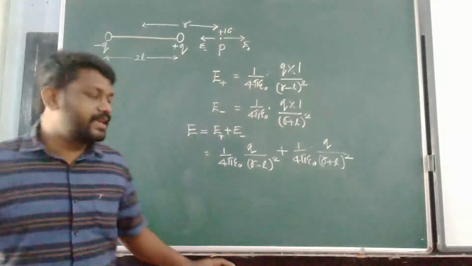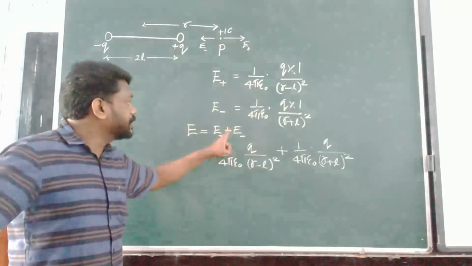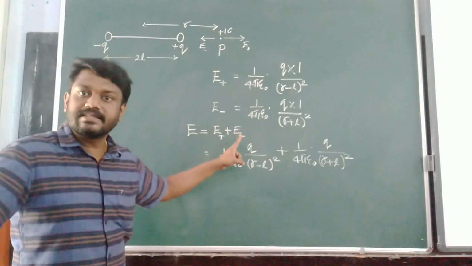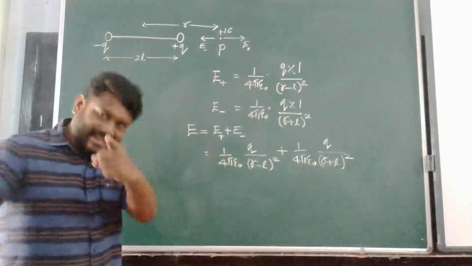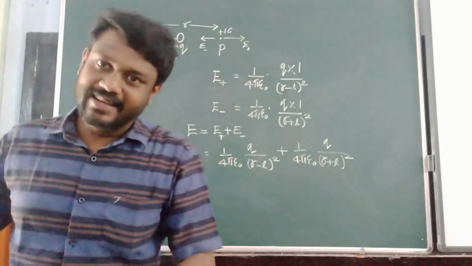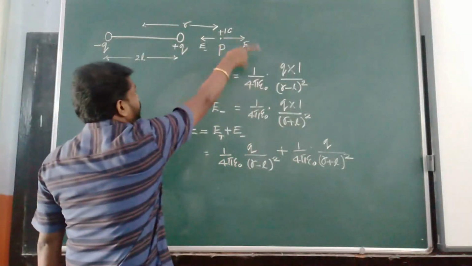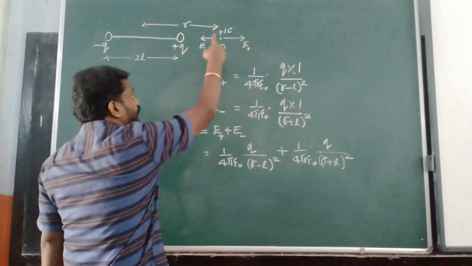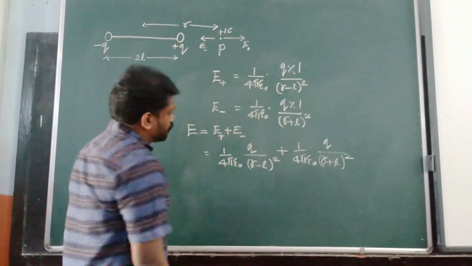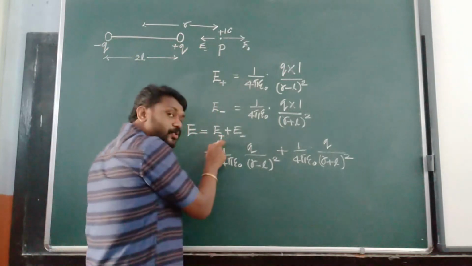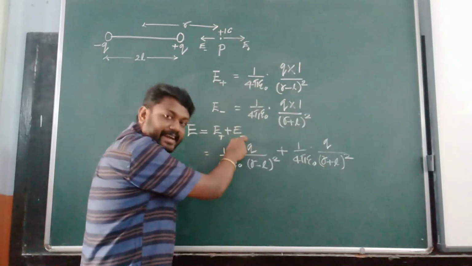So when you are taking the sum of E plus and E minus, you have to consider their magnitudes as well as directions. So you know, E plus is acting away from plus q and E minus is acting towards minus q. So E plus can be taken as positive and E minus can be taken as negative.